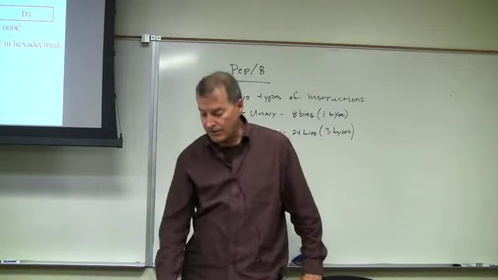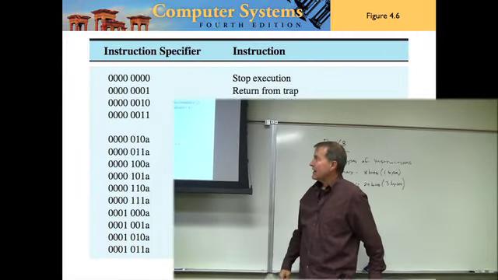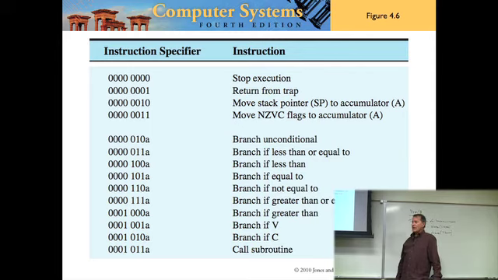Now here in figure 4.6 is a list of all the instructions in the instruction set of Pep 8. Fortunately, you don't have to memorize this. On the next exam, this table will be given to you. All right? And we said that some instructions were unary and some are non-unary.